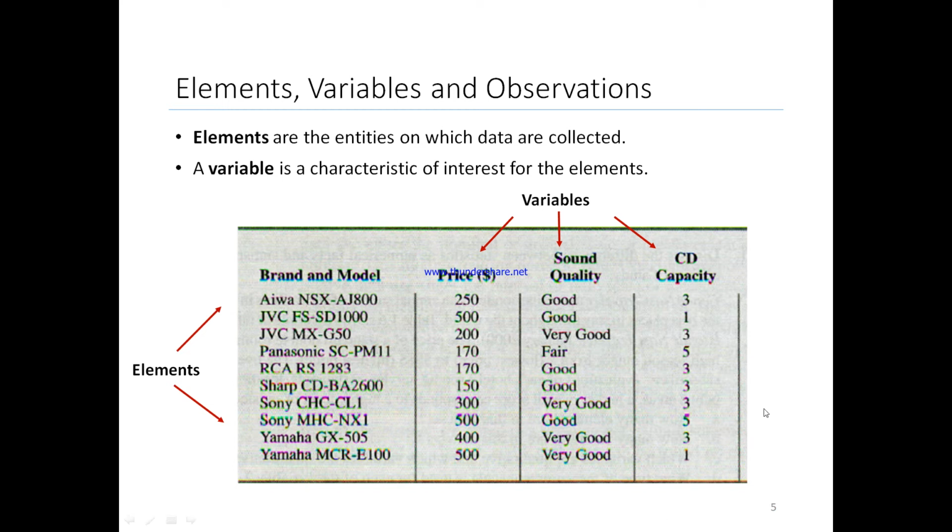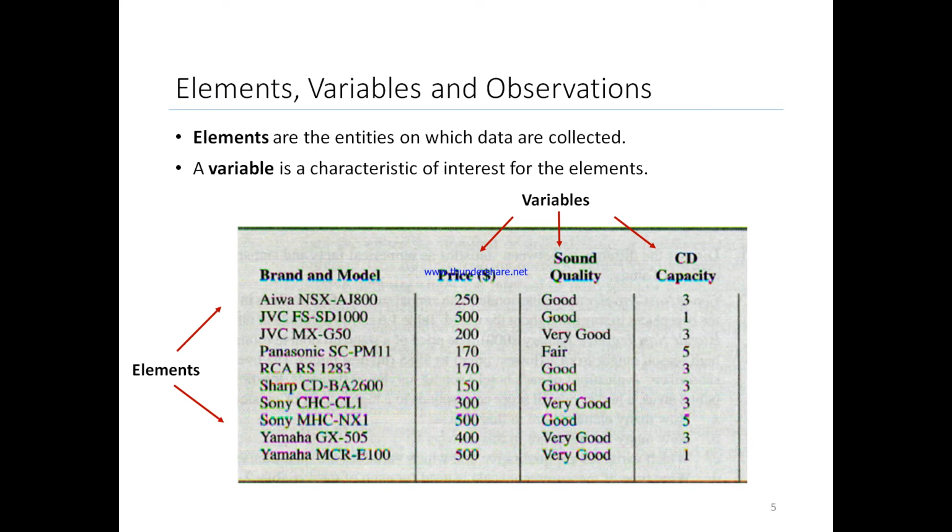If you look at this data set, you can see brand and model, price, sound quality, and CD capacity. These are the variables. And here you have different brands, which are like different students, so they are the elements. If you take JVC, the price, sound quality and CD capacity vary from one to another.